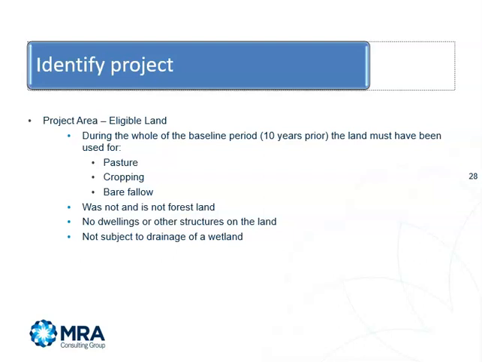Any activities carried out must be carried out on eligible land. You will have to nominate the areas of land you wish to carry out the activity and carefully map the project area.